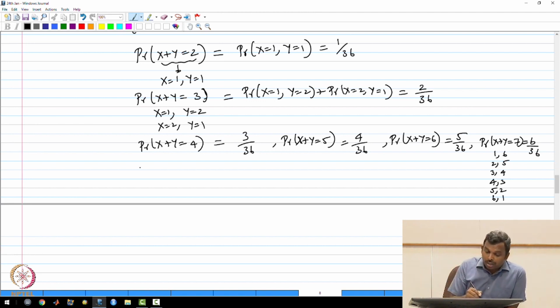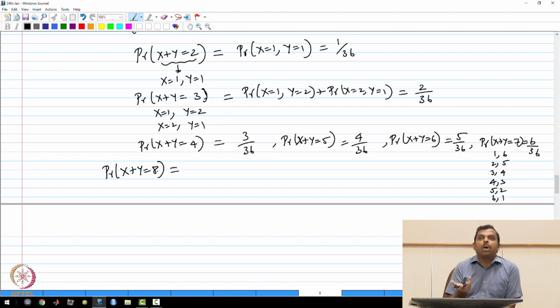Now when you start going a little bit higher than that, if you want say X plus Y equals 8, you'll see X cannot be 1. If X is 1, X plus Y is not going to be 8, because Y maximum is 6. So the number of possibilities will decrease. Here you will have, for instance, 2, 6; 3, 5; 4, 4; 5, 3; and 6, 2.